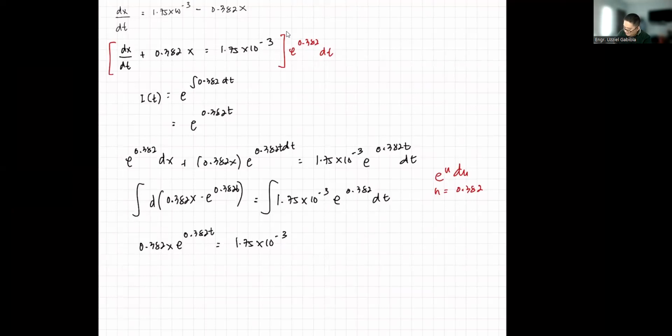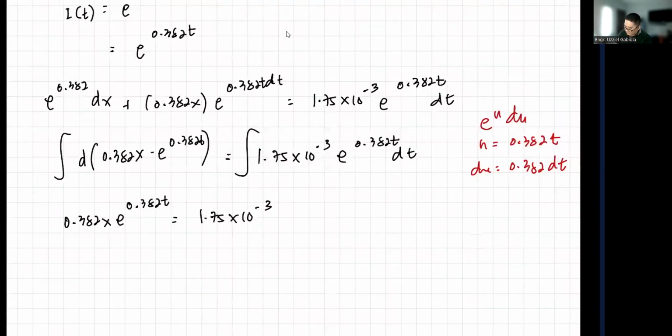Ayan. 0.382t, so d yun natin is 0.382 dt. So kailangan natin mag-introduce ng 0.382. So this will be times 0.382 over 0.382 e 0.382 dt. So again, ipapasok nyo lang po doon.